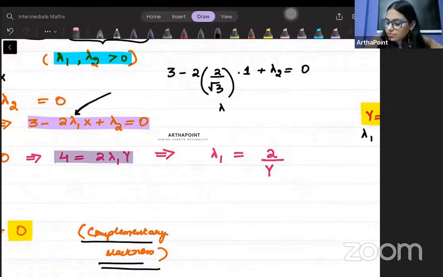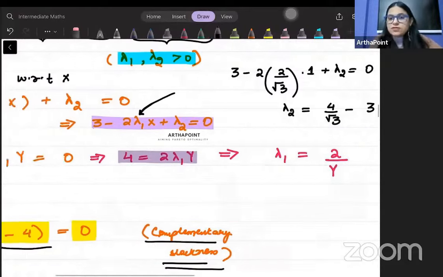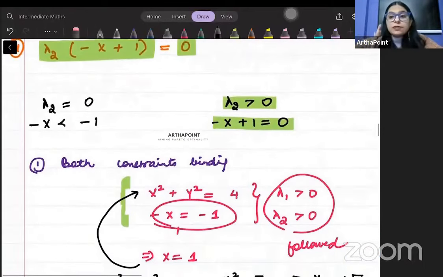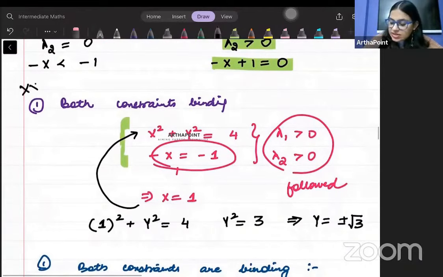So what will be the lambda 2 that I will be getting? I will get lambda 2 as 4 by root 3 minus 3. But this is negative. So now lambda 2 is coming negative. So this is also not the right thing. I want both lambdas to be positive. So my complementary slackness condition is not being followed. So therefore I can say that this case 1 is eliminated.